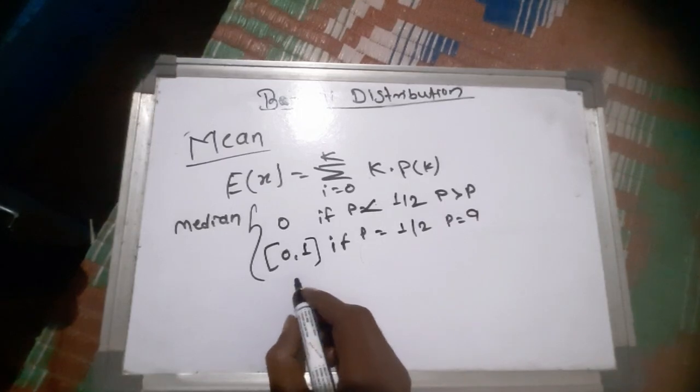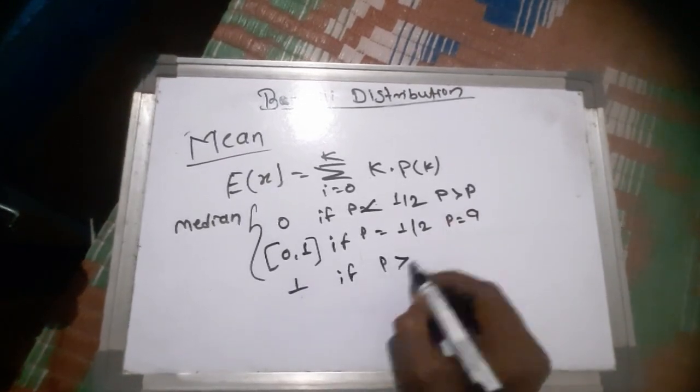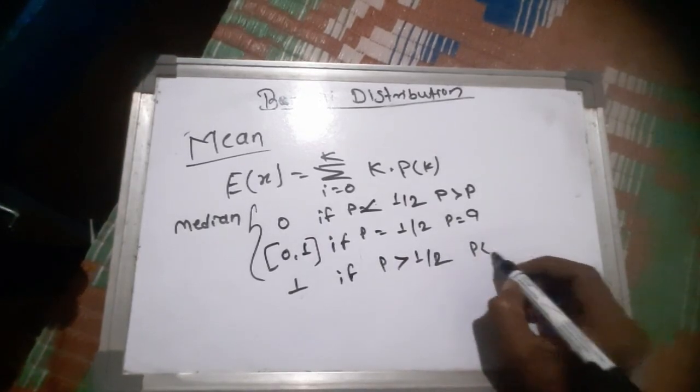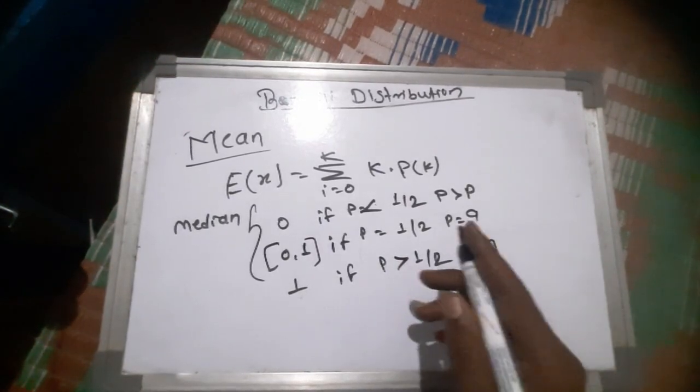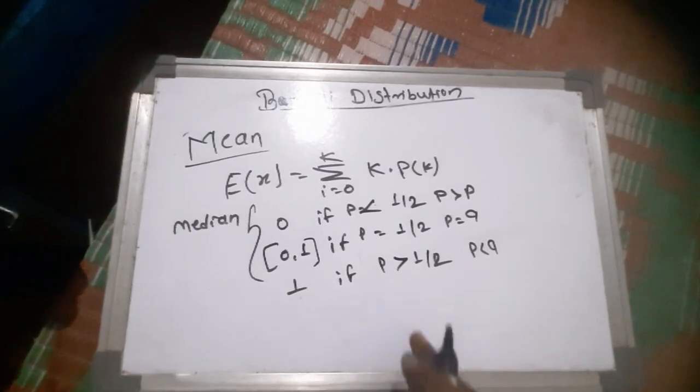And the median is 1 if p is greater than 1/2, which means p is greater than q. This is the median for the Bernoulli distribution.